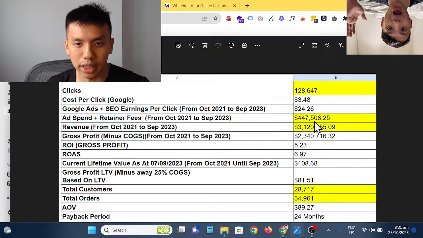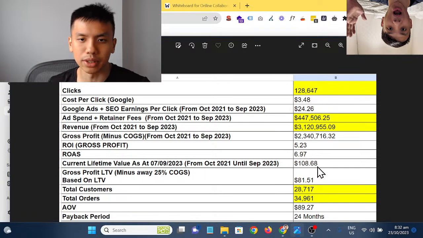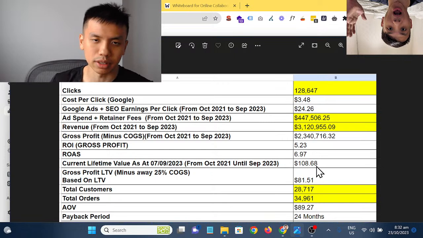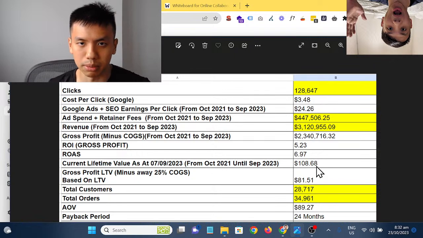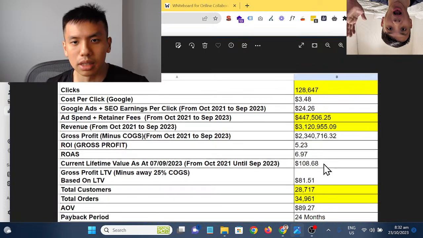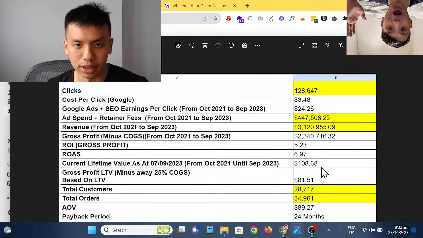It's going to take 24 months for me to push this $89.27 average order value up to $108.68, because they'll come back and buy again. But of course, only a small percentage of those customers came back and bought, which is about 10 to 20%. As a result, the lifetime value is $108.68.